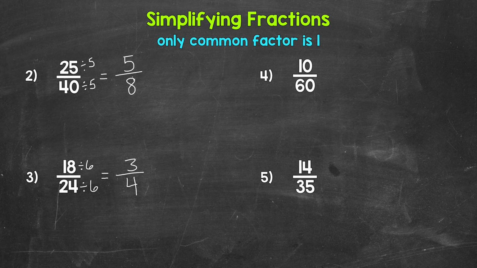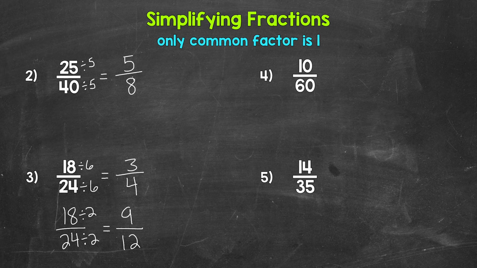Let's start with the common factor of 2. So let's rewrite this and try simplifying by starting with that common factor of 2. 18 divided by 2 gives us 9, and 24 divided by 2 gives us 12. So we end up with 9/12, which is different than 3/4.